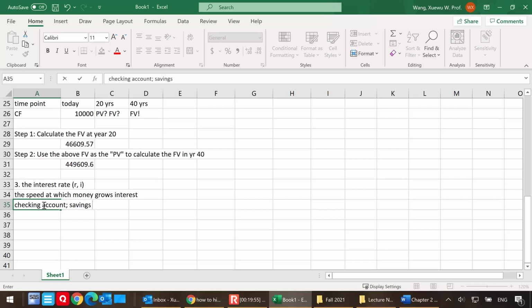In a savings account, money does grow interest, but very slowly. Of course, with the inflation rate surging, maybe the interest rate is going to go up as well. If you're not satisfied, you can put money into CDs, certificates of deposit. These are time deposits, and your money is locked down for, let's say, 2 years, and you cannot touch the money. So they're going to give you a little higher interest rate.